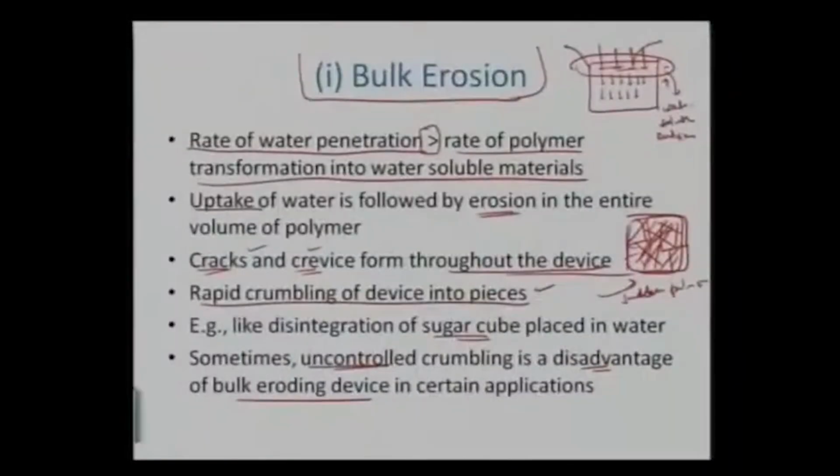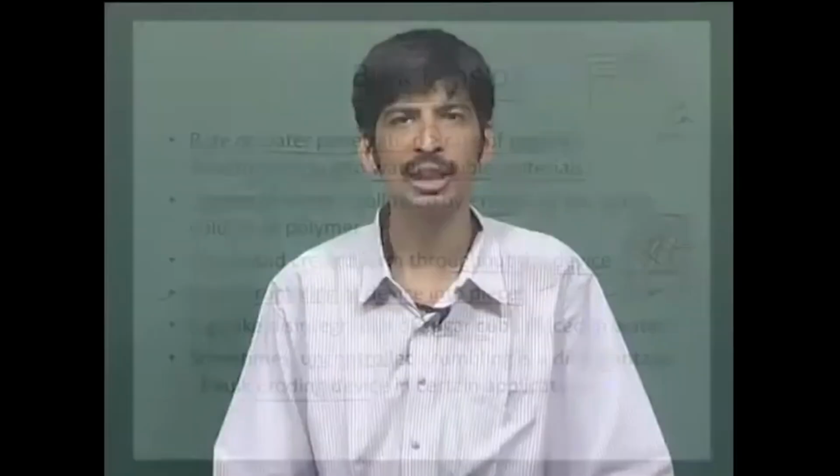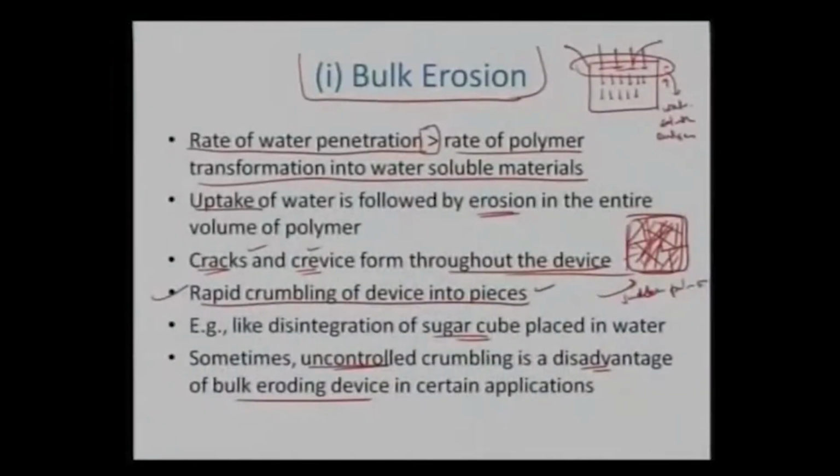So, in the entire process we start seeing cracks, crevices and pores which are now taken up by the surrounding liquid. Once it has formed certain cracks and crevices, very rapid crumbling of the device can occur, and since this whole process is uncontrolled, that becomes a disadvantage in certain cases.